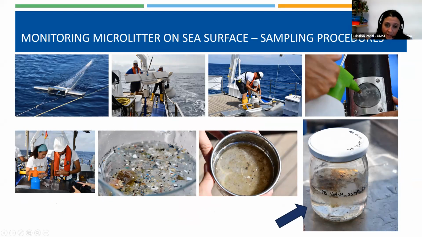So the net at sea, the collection of the net, the collection of the cod end. Then you have to rinse the cod end very well, collect all the samples in a container, a beaker or something similar, and filtrate the samples on sieves and collect them in seawater and ethanol in glass jars.